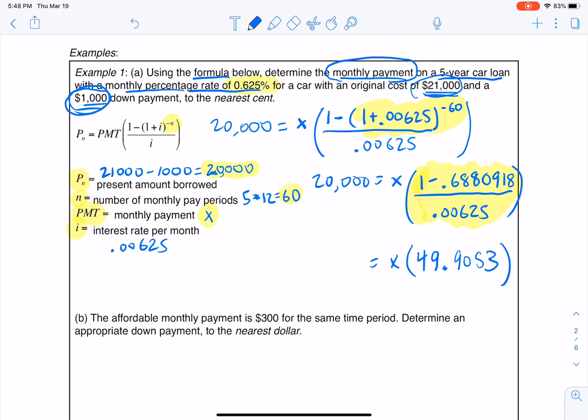That's multiplied by x equals 20,000. And now to solve for x here, we would just divide both sides by that 49.9053. That cancels here, and I get x equals, and again, we need to go to Desmos to do this.